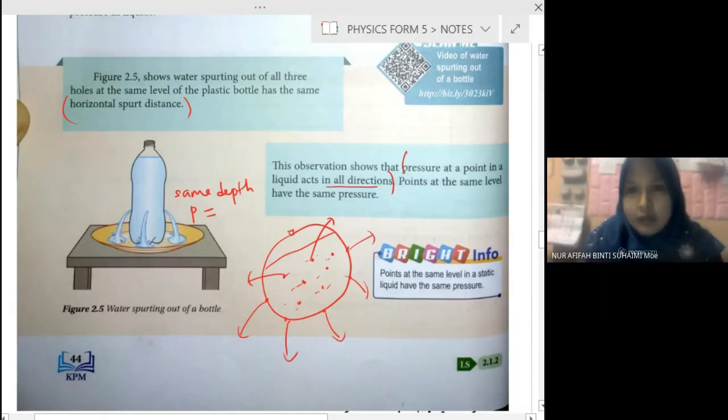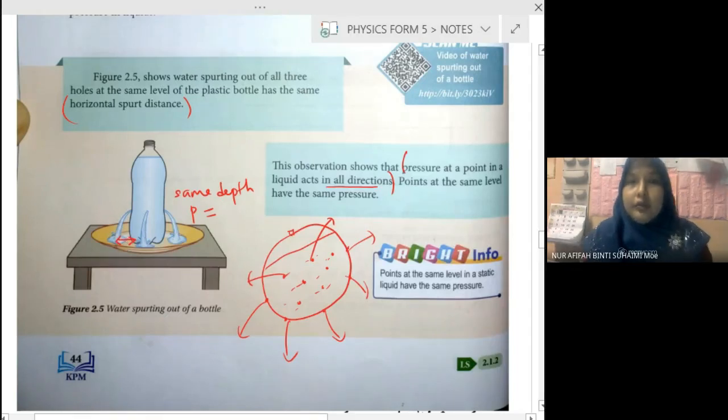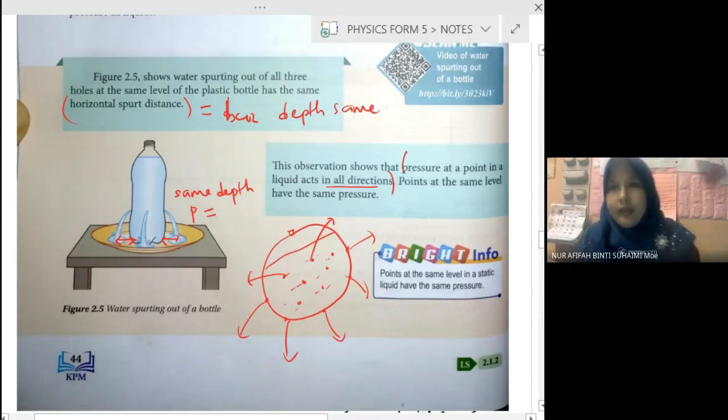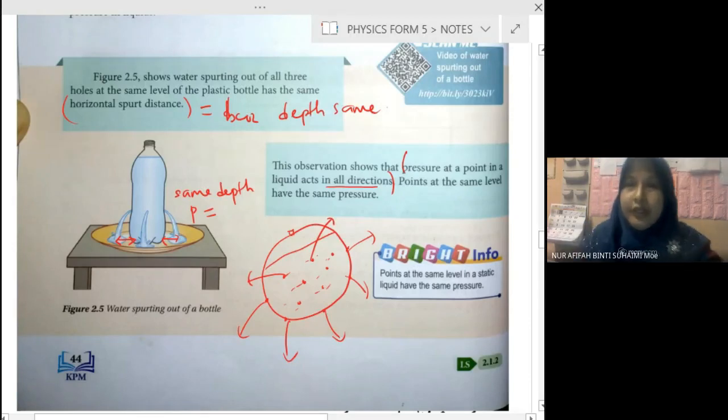Distance means from the hole to where the water spurts to. Semua sama, untuk semua lubang semua sama. Because the level of depth is the same. Dia punya horizontal spurt distance same because depth also same. Okay. Shows that the pressure at a point in the liquid acts in all directions. Ini konsep.